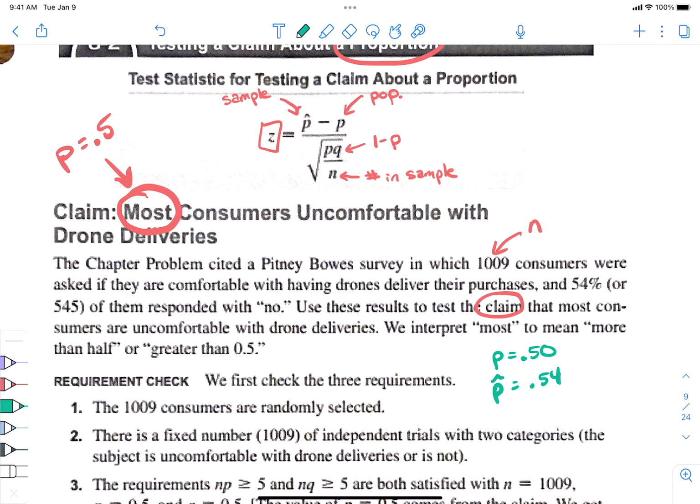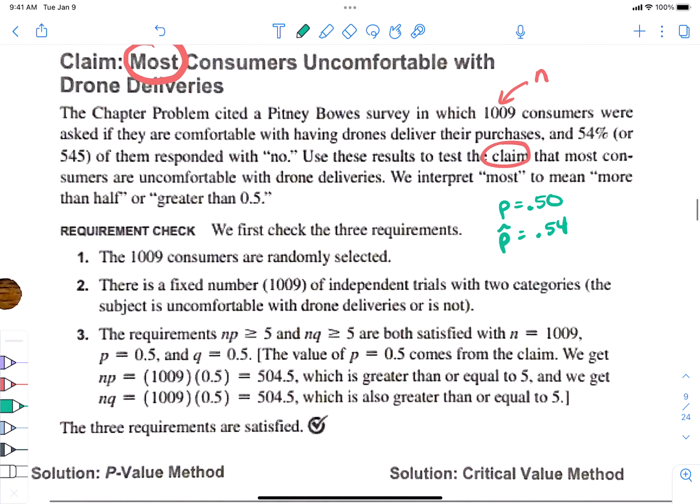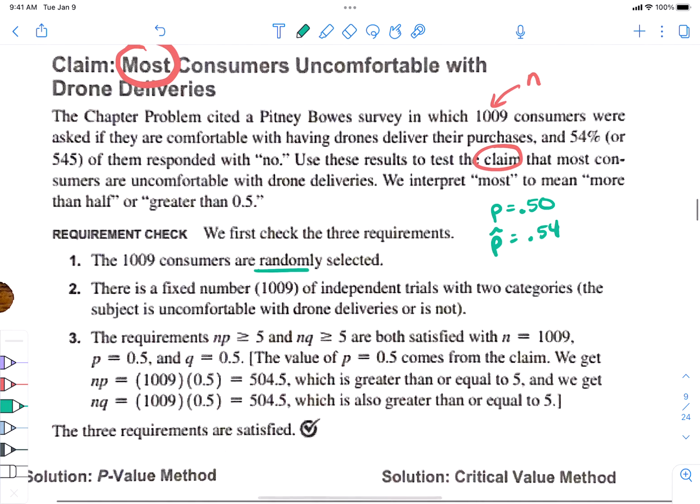All right, we do need to check some things to make sure that these are okay before we can even do the process, and if any one of them fails, then this process of hypothesis testing doesn't work. For one thing, we need to make sure it's a random sample. If it's a biased sample, they shouldn't have even done that hypothesis test or any of the data collection.